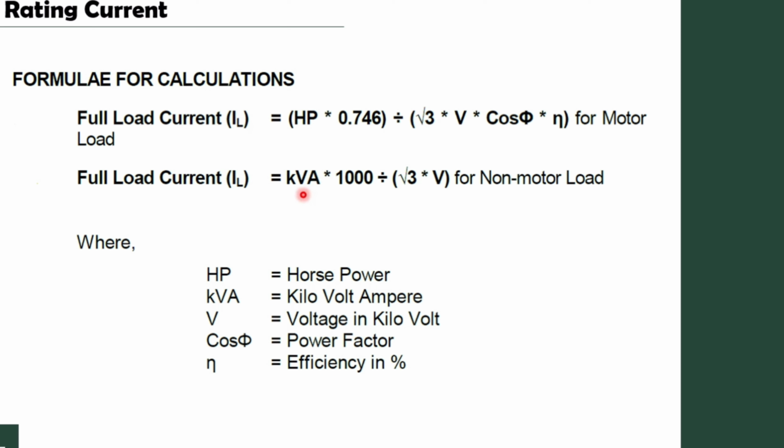But if I use kVA, I will multiply by 1000 for the K, divided by root 3, multiplied by the voltage, multiplied by cosine theta. If it is volt ampere; but if it's kVA, I will not require the cosine theta.